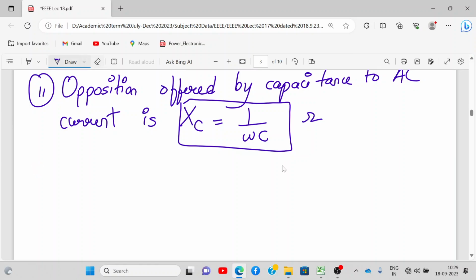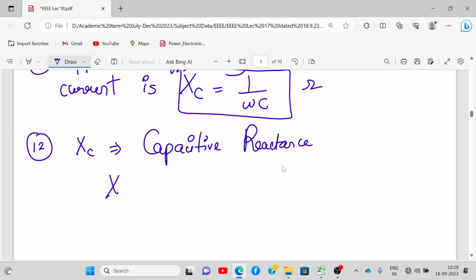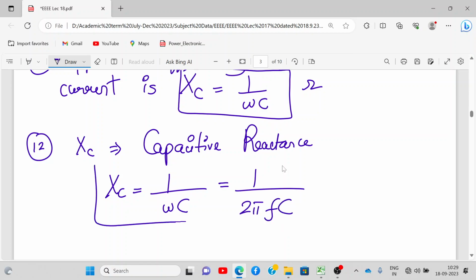So over here the quantity XC is called as capacitive reactance. So XC will be 1 upon omega C, or it is also called as 1 upon 2 pi FC.